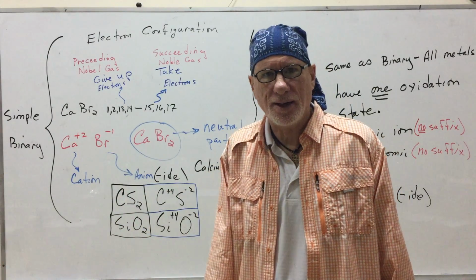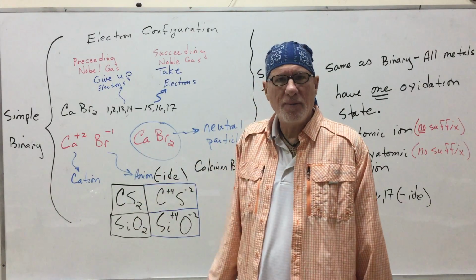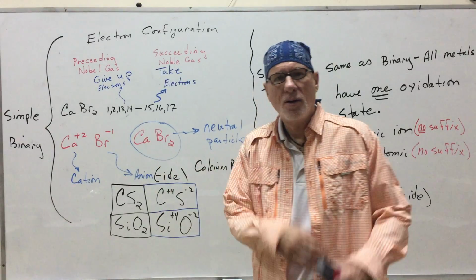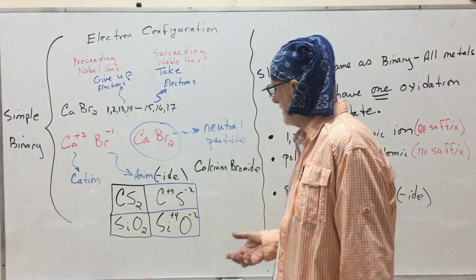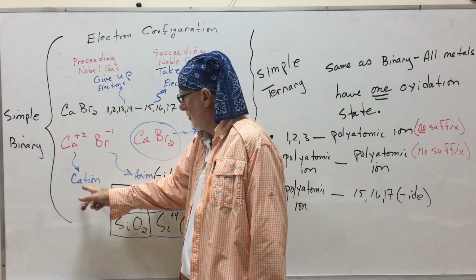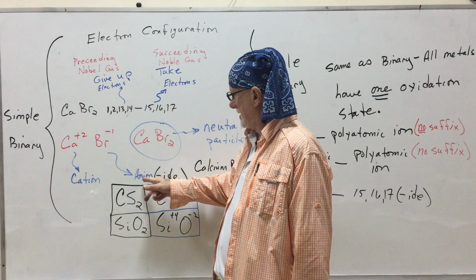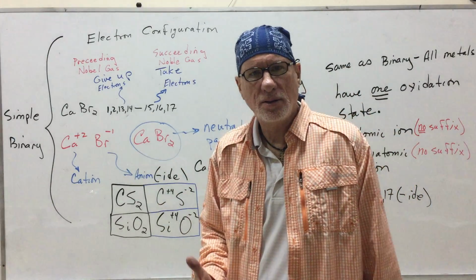Usually with binary, the hallmark is the name of the metal, calcium, the name of the non-metal, bromine. The anion gets the suffix IDE. Okay, this is neutral. This is +2, that's the cation, -1, that's the anion IDE, and it's a neutral particle.